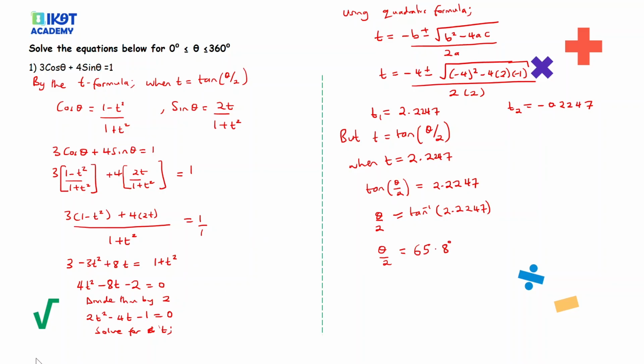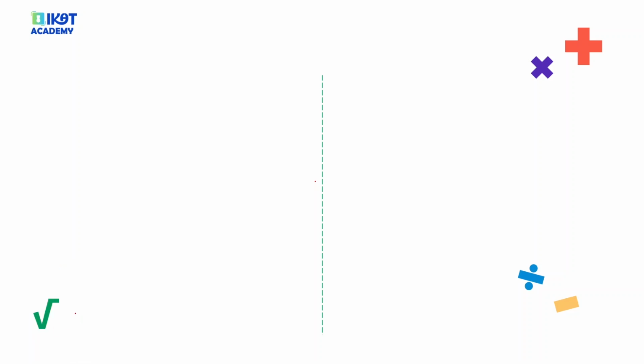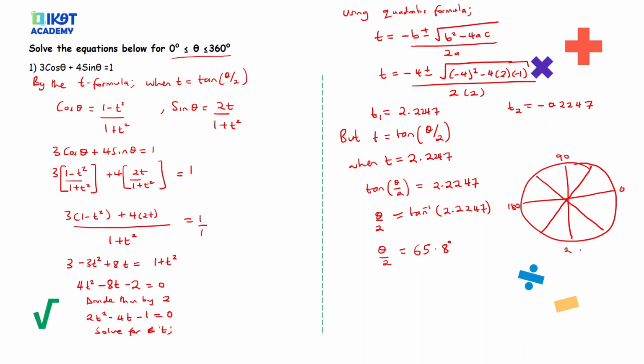So now when we have tan theta out of 2 is equal to 2.2247, I say theta out of 2 is equal to tan inverse of that. Now when I put it into the calculator, this is the first angle I get. But remember the question is saying for angles between 0 and 360. So we can draw a quadrant here very fast: 0, 90, 180, 270, and 360.